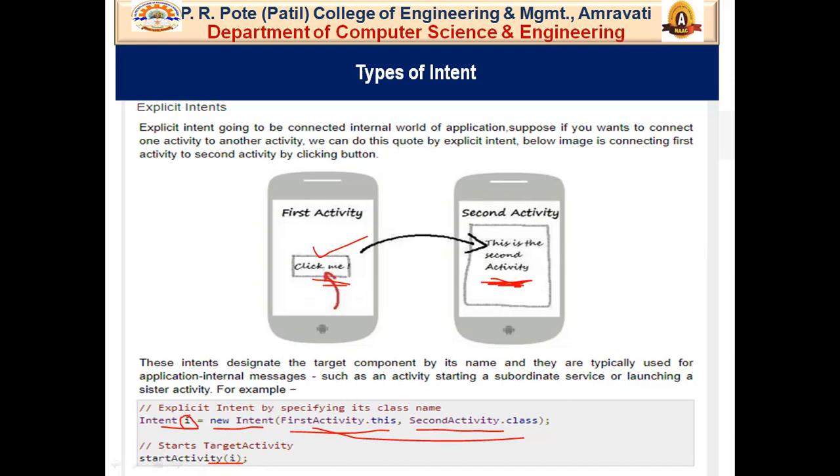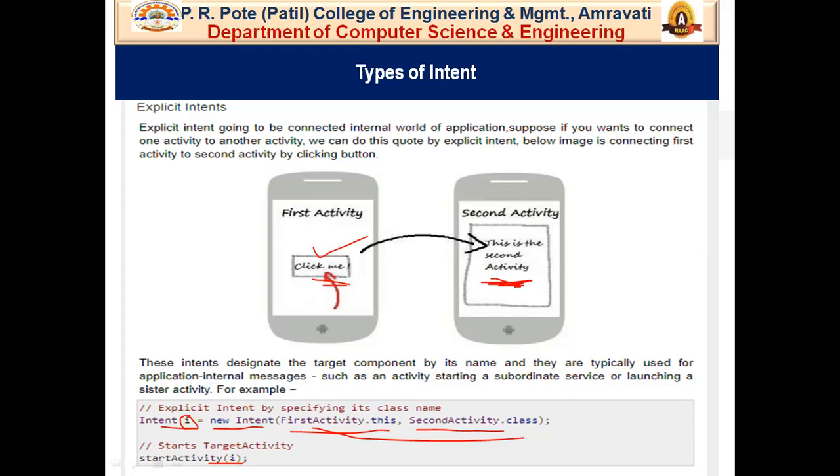This intent I is passed to start activity, and I am able to launch the intent of my application. And if this intent runs fine, this activity is declared in the manifest file, which is your XML file, and everything goes fine. The second activity will be shown on your screen, and it will start from its own onCreate.